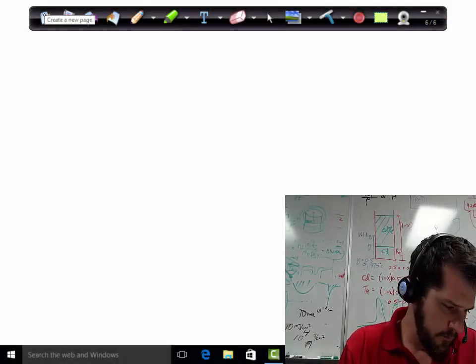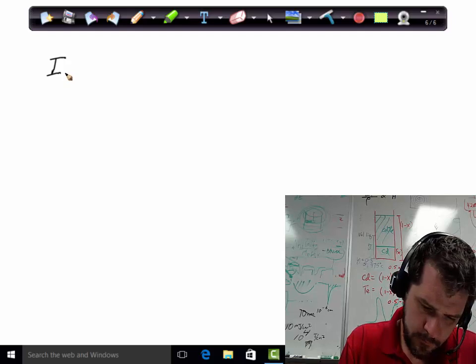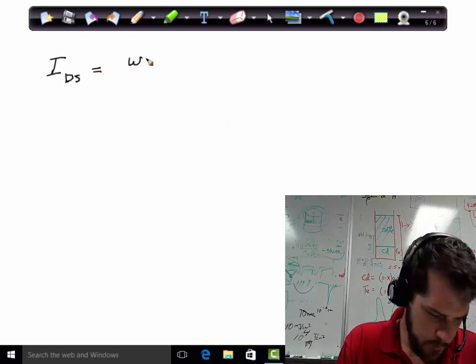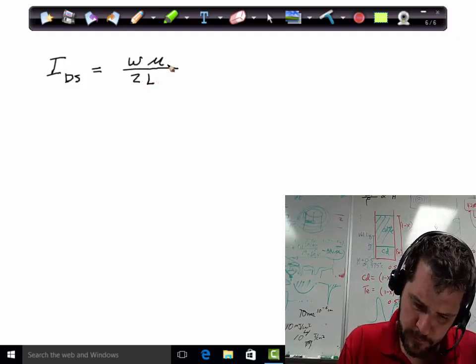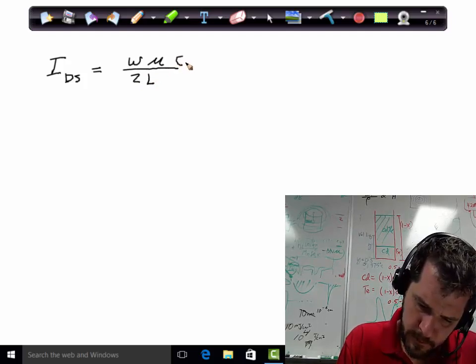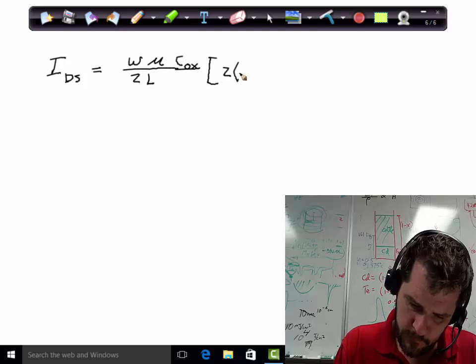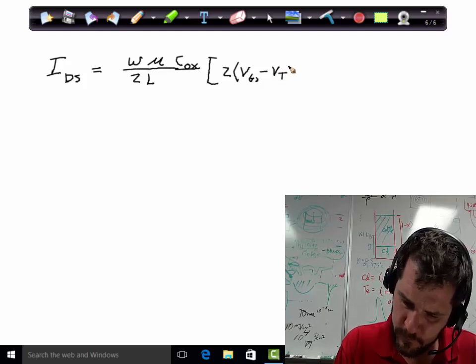So the formula for the pre-saturation region is here. So we have some geometric factors, the mobility, and then the oxide capacitance comes in, and then we have some functions of voltage here.